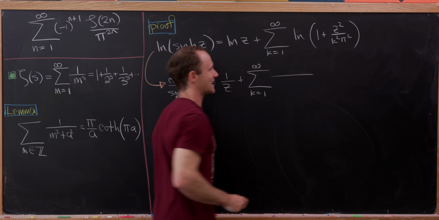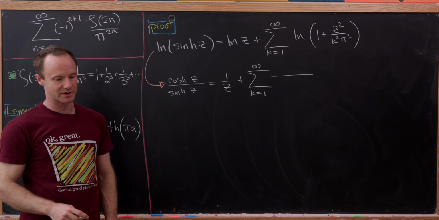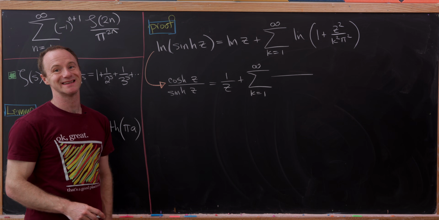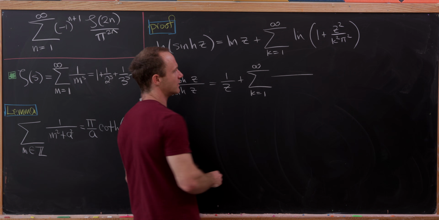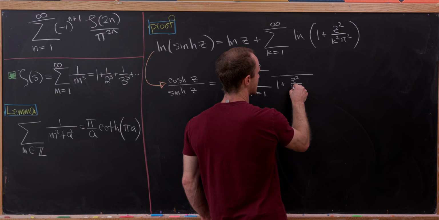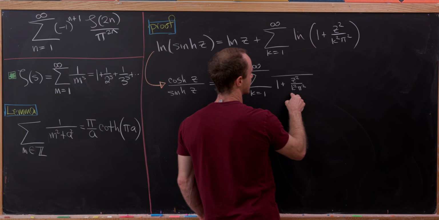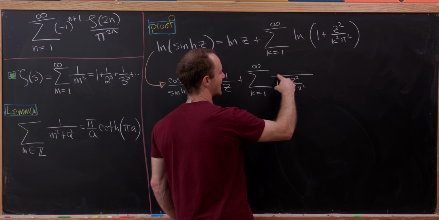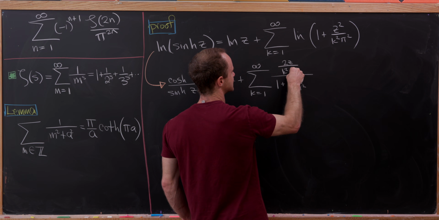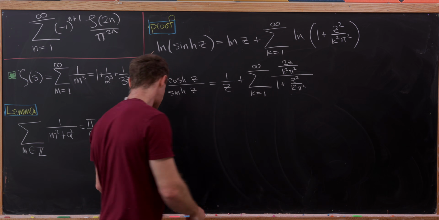So that stuff is going to go into the denominator, and then we'll have something in the numerator which is its derivative. So in fact, we'll have 1 plus z squared over k squared pi squared. Then in the numerator, we have the derivative of that. So that'll be 2z over k squared pi squared.